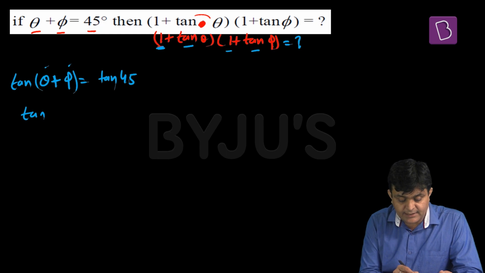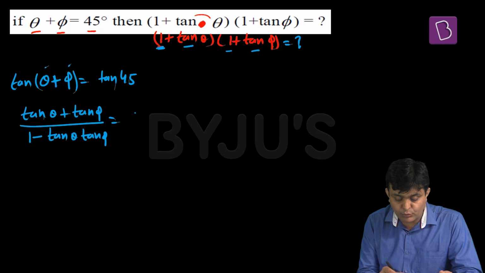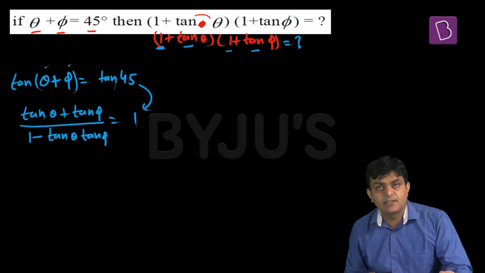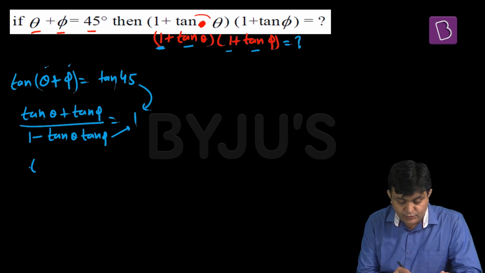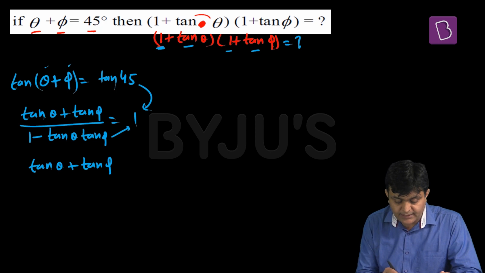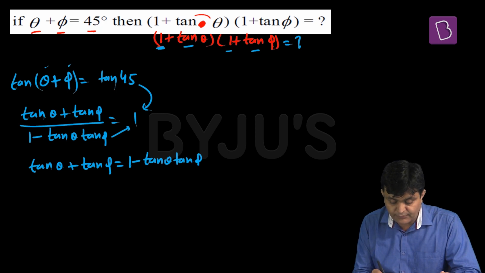It is tan a plus tan b divided by 1 minus tan a tan b is equal to 1 because tan 45 is 1. Send this here. So tan theta plus tan phi is equal to 1 minus tan theta into tan phi.